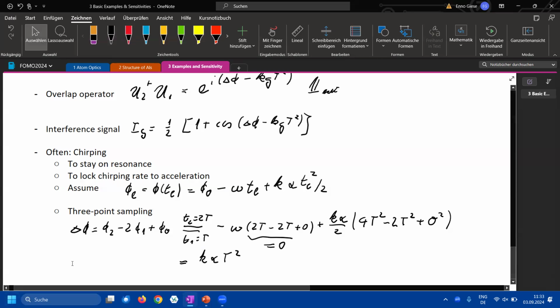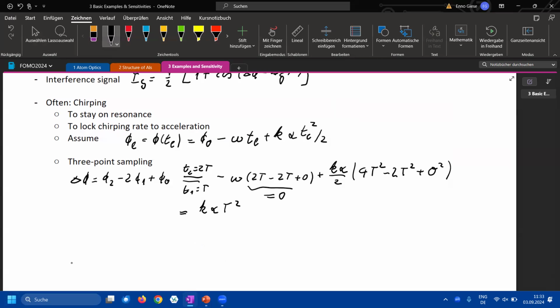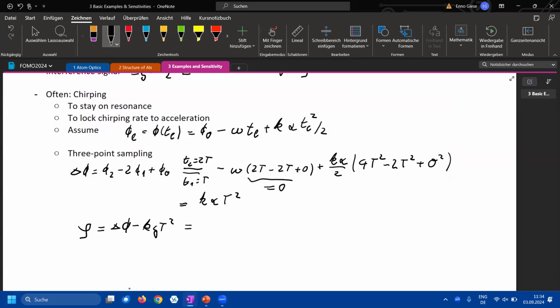And what we now observe is that the phase of our interferometer, delta phi, is minus k g T squared plus k alpha T squared, that is k times alpha minus g times T squared. Okay?